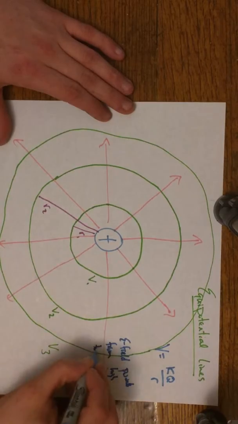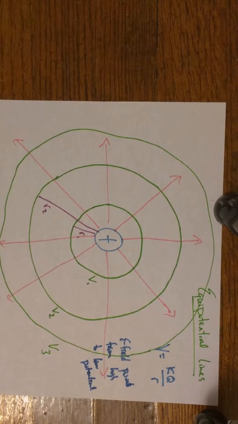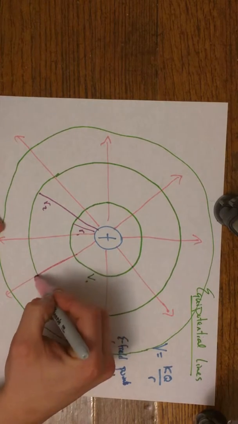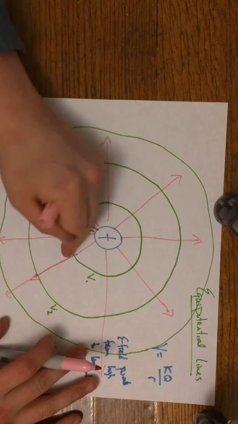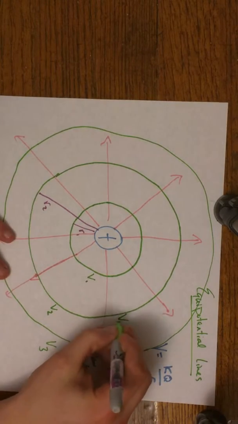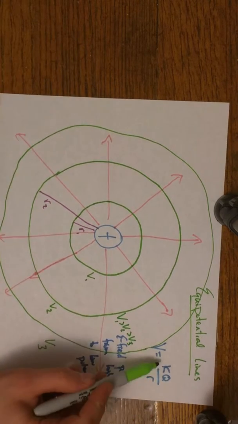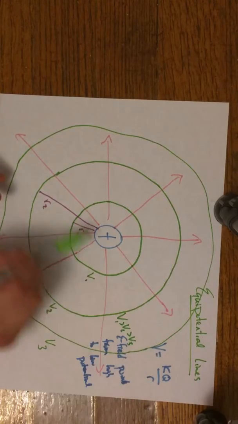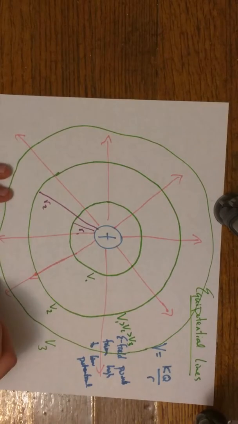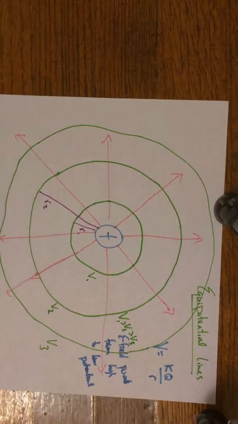Meaning that here I have some potential V1, and the E field is pointing in this direction, and V1 is greater than V2, which is greater than V3. That all makes sense with our potential for a point charge equation. As r gets bigger, as we get further away from this proton, V gets smaller, so V1 should be greatest and V3 should be smallest.